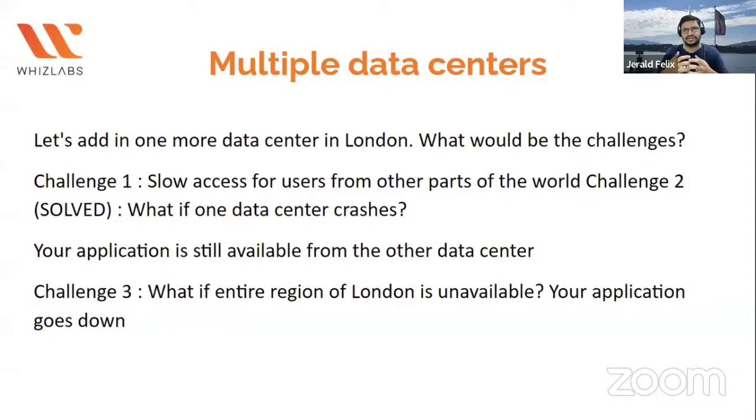If one data center is affected, the application will run from the other data center. But if the entire region is unavailable, you can't access your application and it goes down. So this is the outcome of multiple data centers.